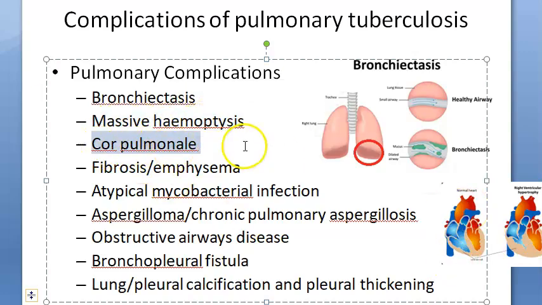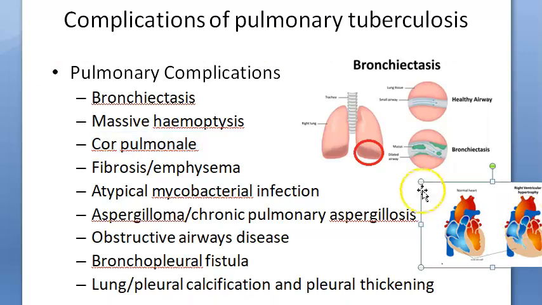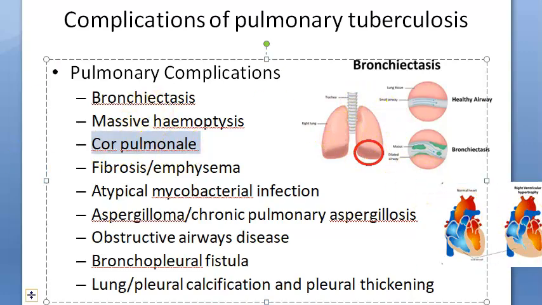Cor pulmonale. Now what is cor pulmonale? Just imagine now the lungs are all affected. So what will happen? The heart is not able to pump to the lungs. Who will pump to the lungs? If this is your heart and here are your lungs, who will send the deoxygenated blood to the lungs? The right ventricle, right?